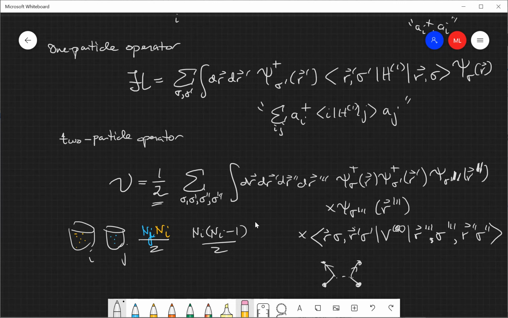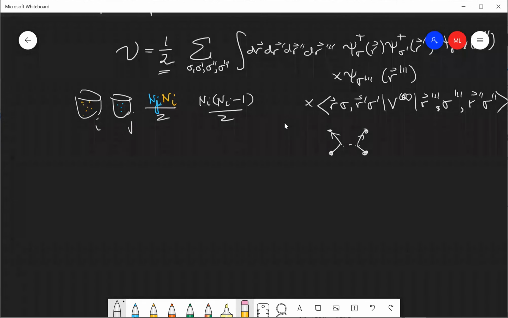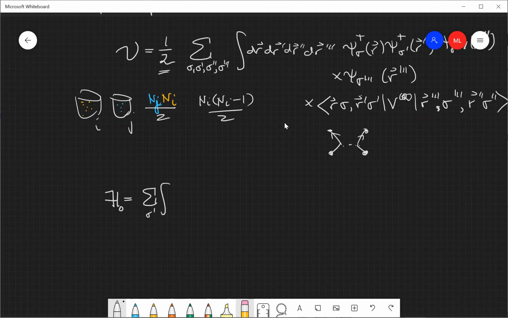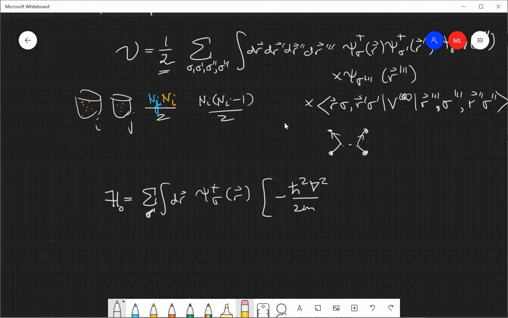And so what that would look like is in position space, and I could call this H naught, I would have a sum over sigma and an integral over R. You'd have psi. It'd be diagonal in position space, say, and the kinetic energy looks like this, and then there'd be some potential describing the potential that each particle experiences.